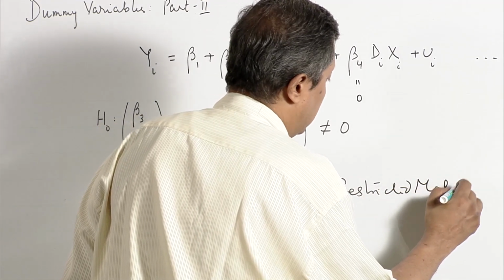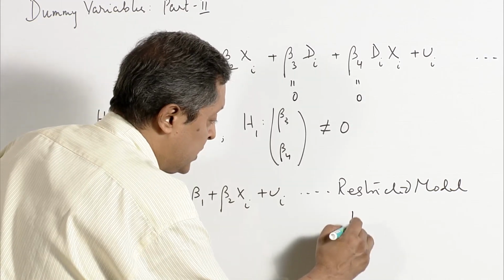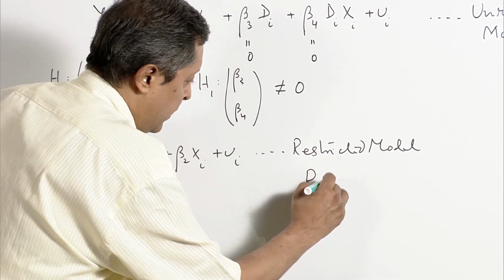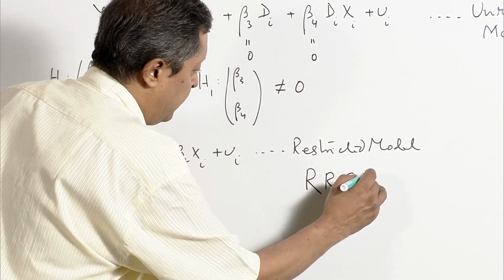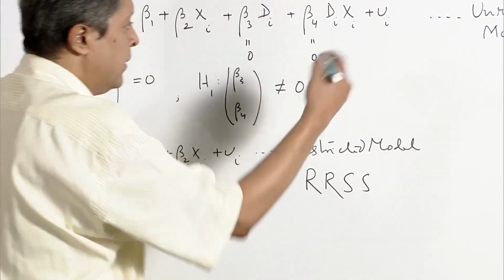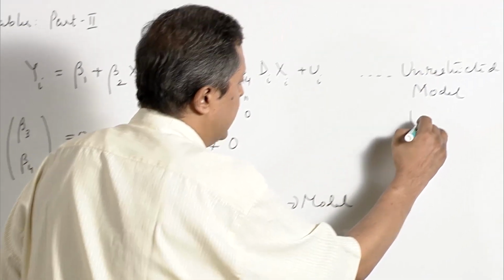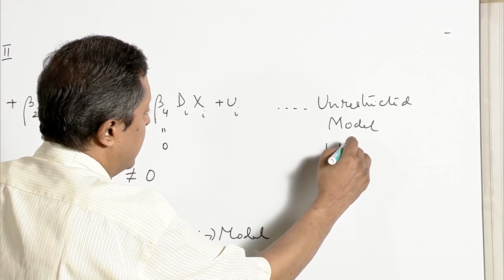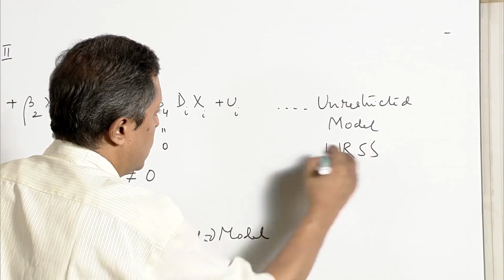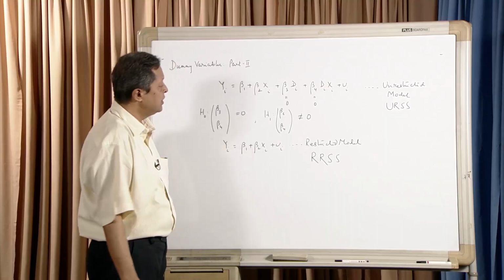From the restricted model, we calculate the restricted residual sum of squares. From the unrestricted model, we calculate the unrestricted residual sum of squares. And how many restrictions do we have?